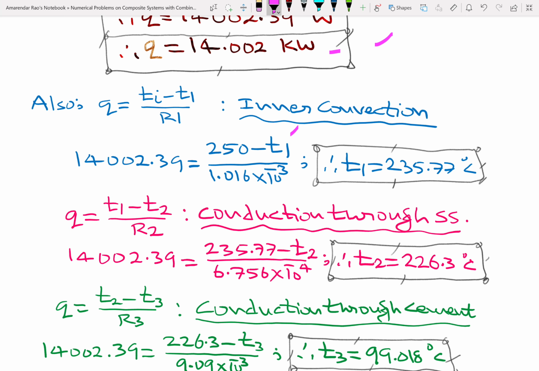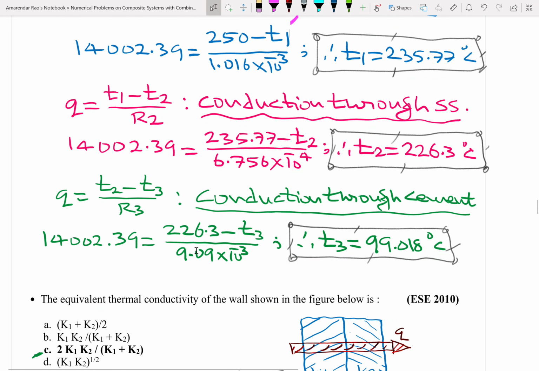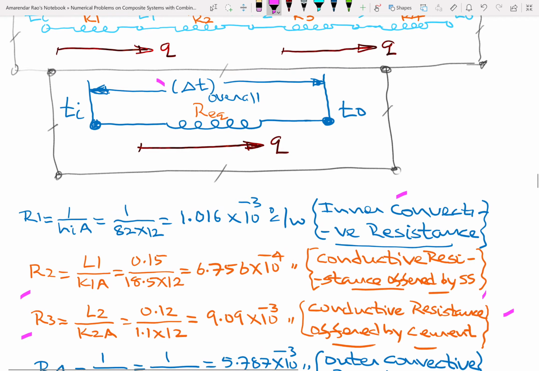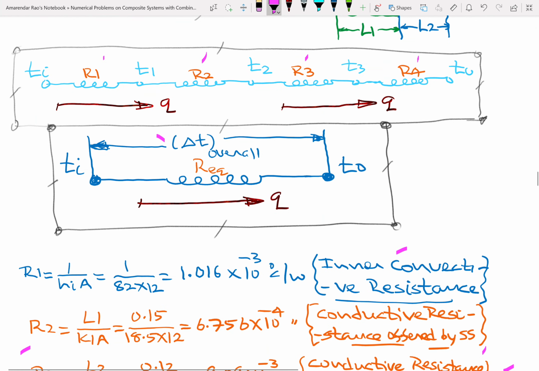This Q should also be equal to conduction through cement layer, which is (T2 minus T3) by R3. Again, if you put up the data, T3 is going to be 99.018. So this is how you calculate the intermediate temperatures of this composite wall subjected to combined modes of heat transfer.